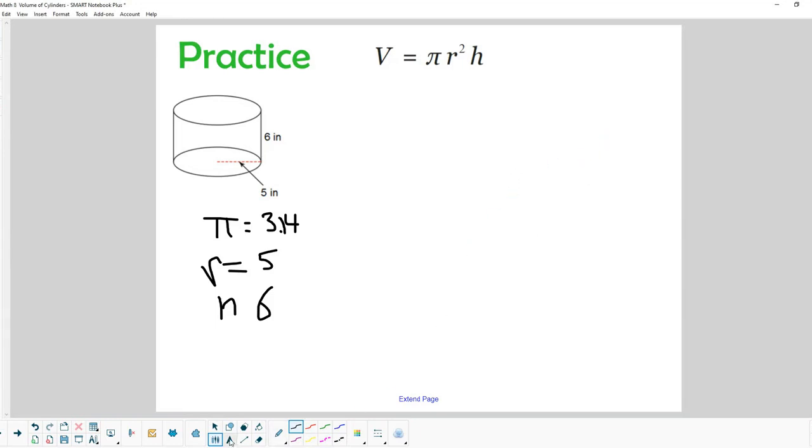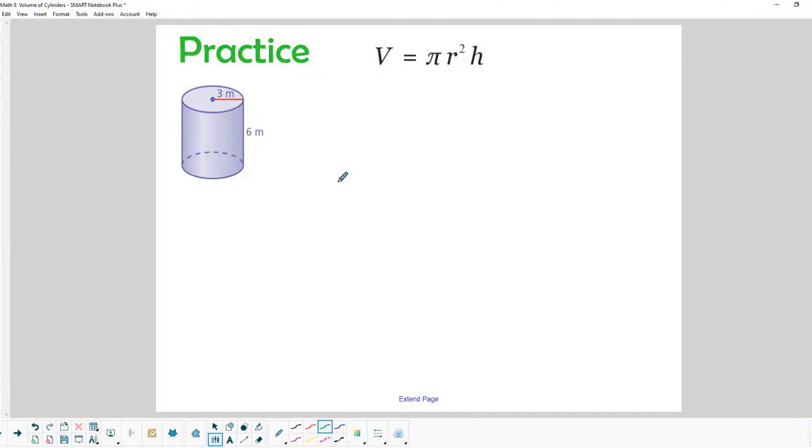So the volume is 471 inches cubed. And we got an integer answer, so we didn't have to do any simplifying or rounding.